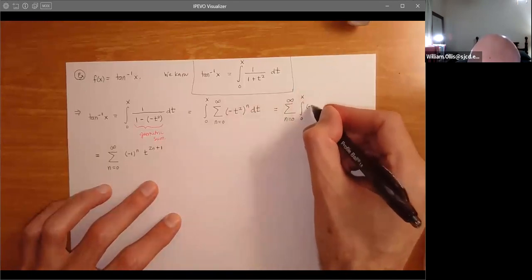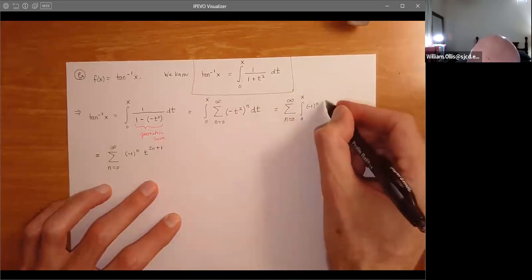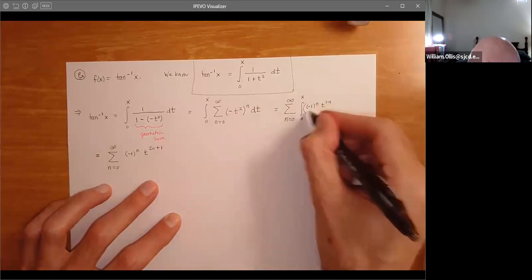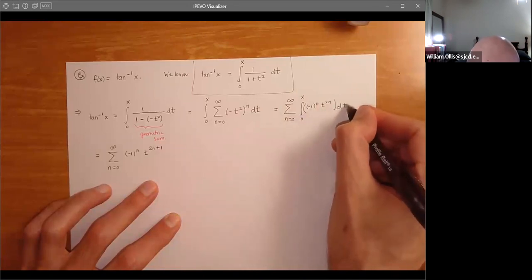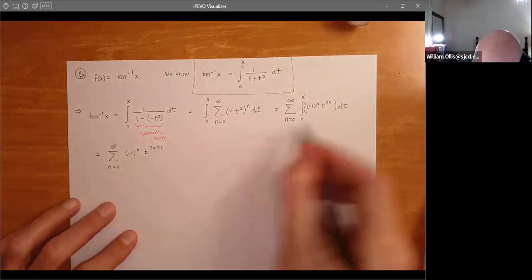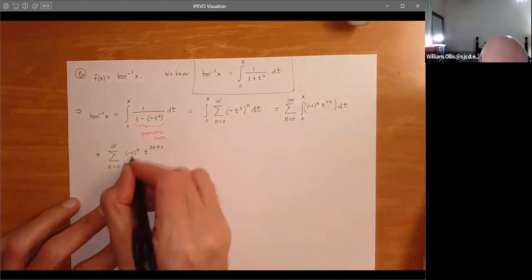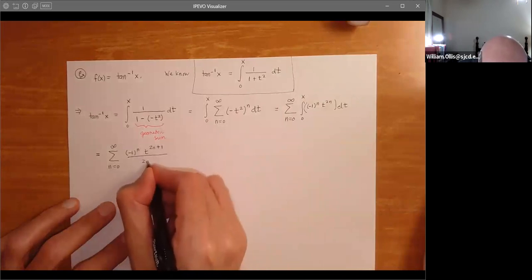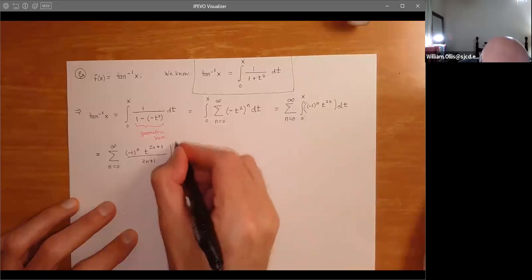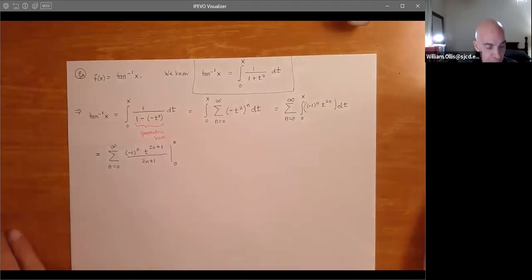So you can write this in if you want. And so now when we add 1 and divide by the new power, we get t to the 2n plus 1 divided by 2n plus 1, evaluated between 0 and x.